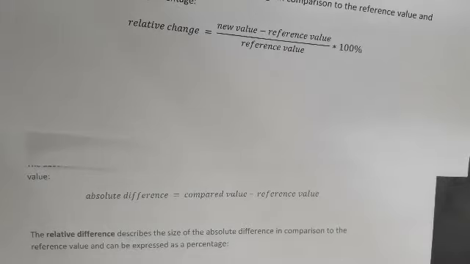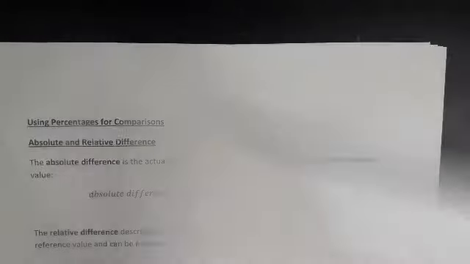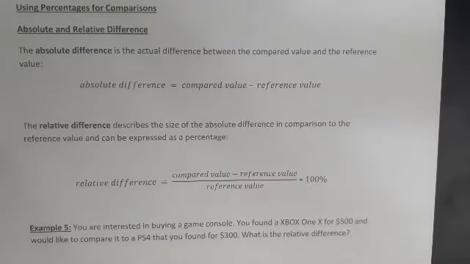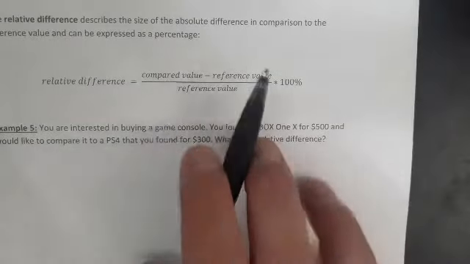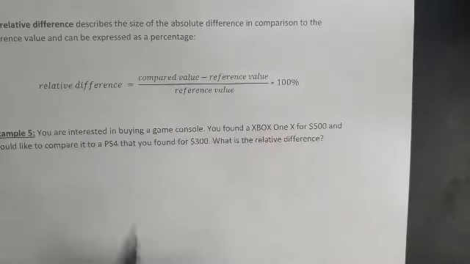We're just comparing two items the same way we compared two things previously. There's just not that time factor anymore, but it is the same comparison. If we have an absolute difference, I can't say new minus old anymore, but it is the compared minus the reference. And if I do the relative difference, it's the compared minus the reference over the reference times 100.